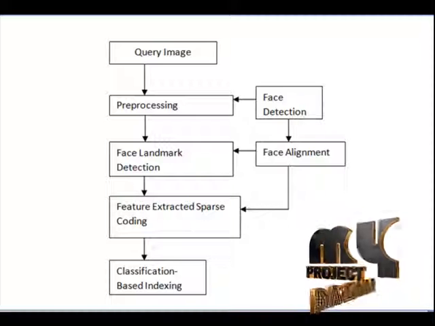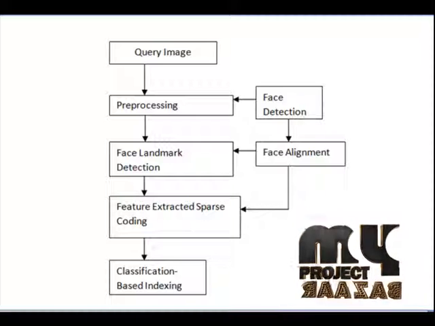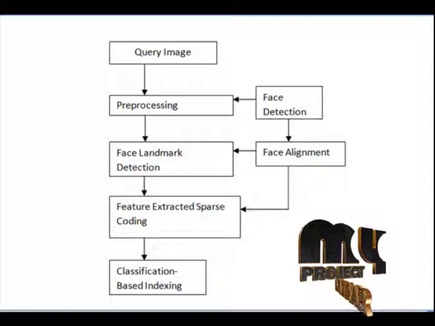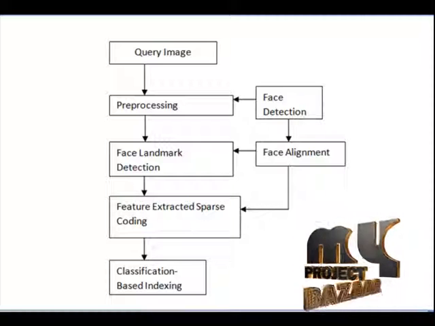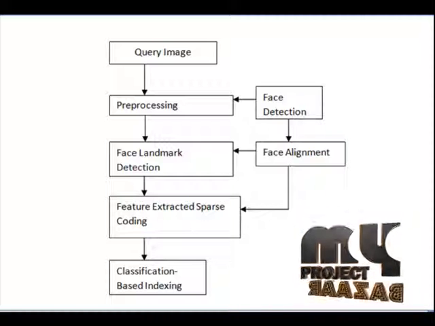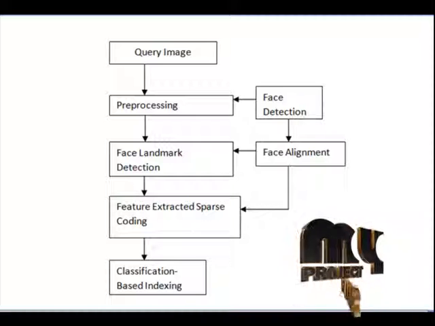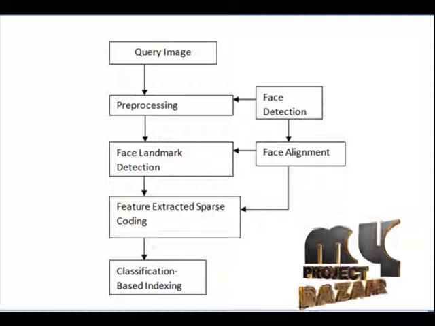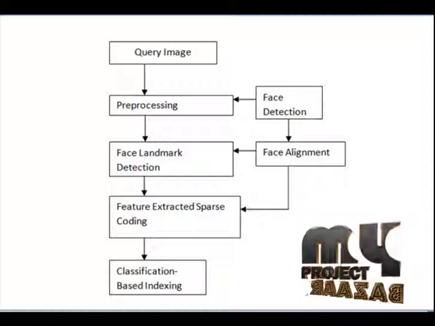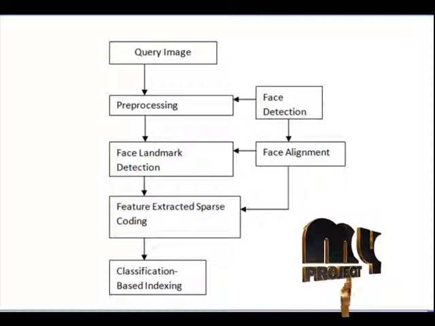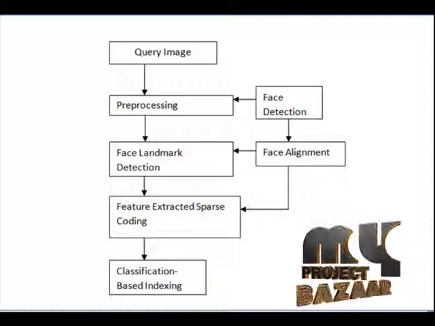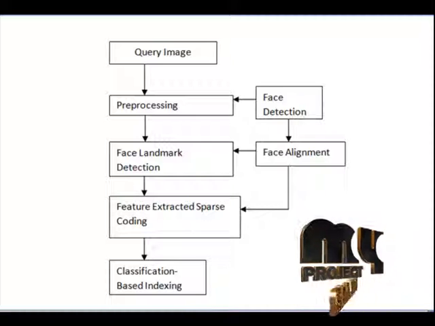LBP, the local binary pattern, identifies the pixel information of the image. Local binary patterns are created from the intensity values of images. The local binary pattern extracts the binary value based on a threshold of the nearest pixels and converts it to decimal. It gives the information about the image.